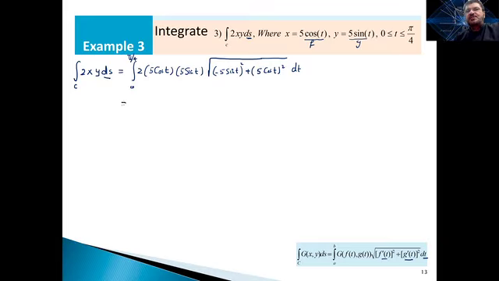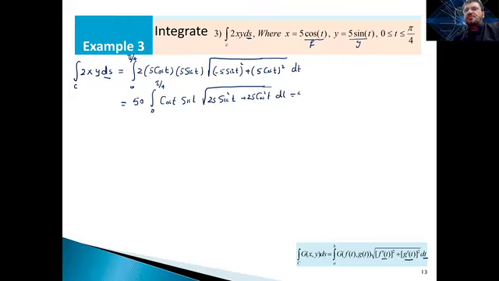Now, what is this equal to? 2 times 5 times 5 is 50. So I'm going to take the 50 out. So this is the integration from 0 to pi over 4 of cosine t sine t. Now let's look inside here. When you square this, what do you get? You get 25 sine square t, and this is also 25 cosine square t dt.